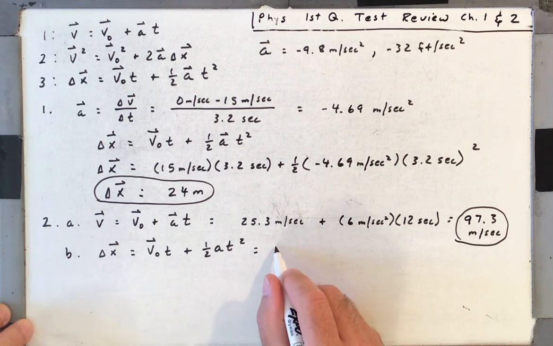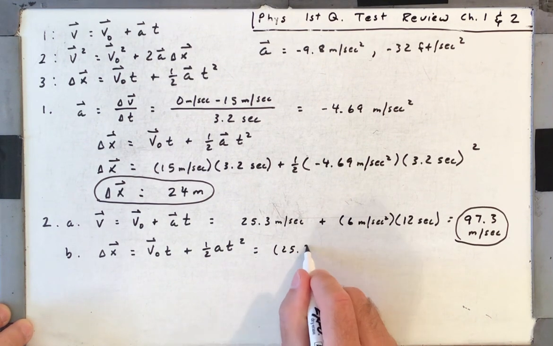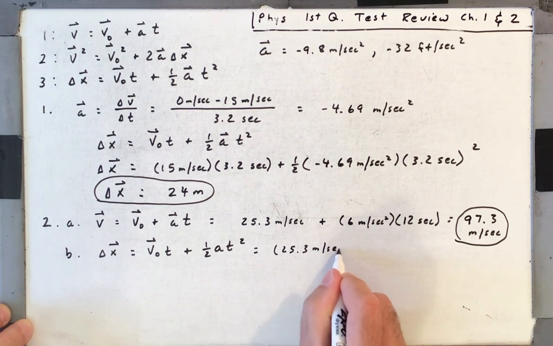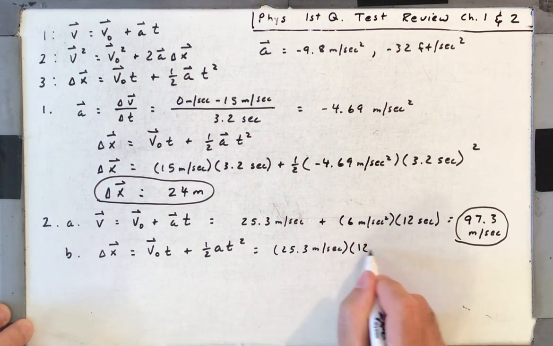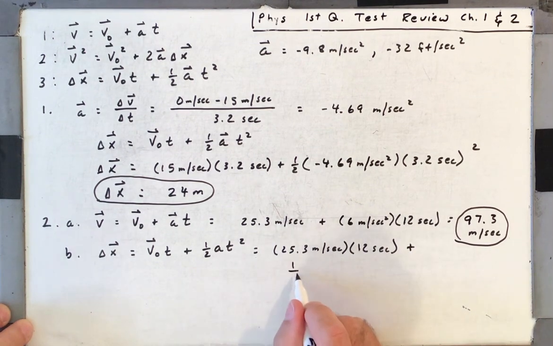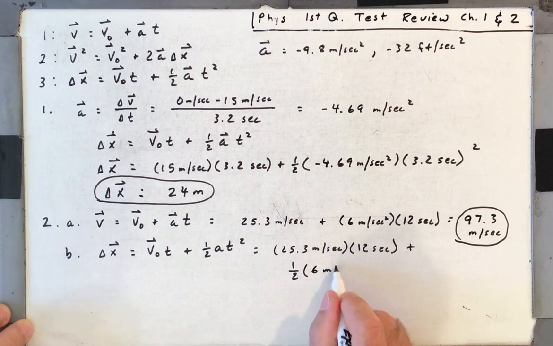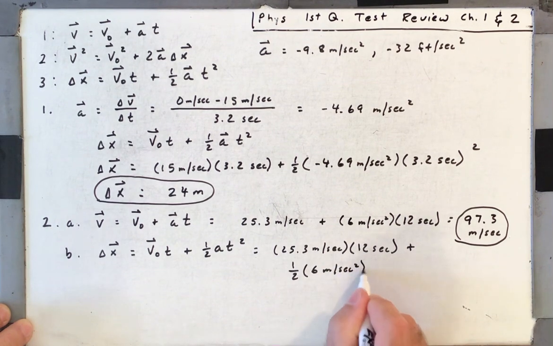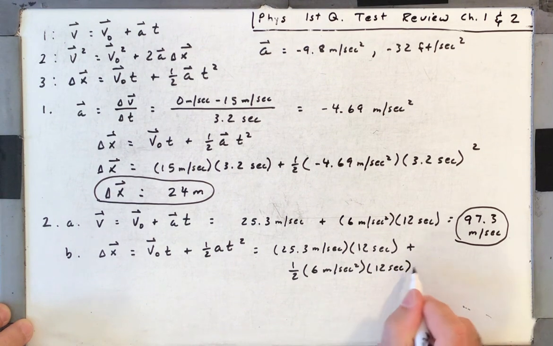So that's going to be 25.3 meters per second times 12 seconds plus this part, 1/2 times 6 meters per second squared times 12 seconds, all squared.